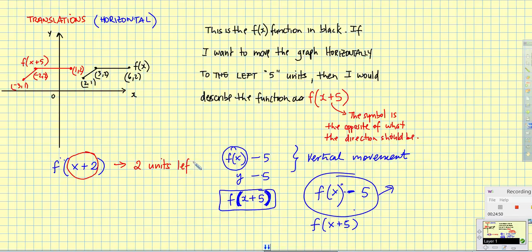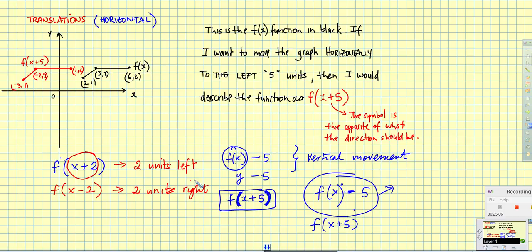And if I had f of x minus 2, that would be moving my graph horizontally 2 units to the right. So it's going in the opposite direction.